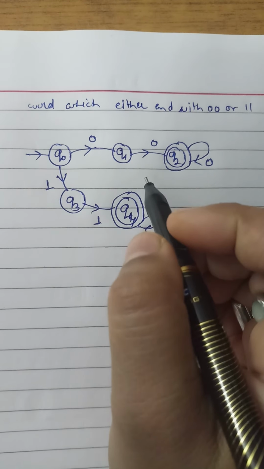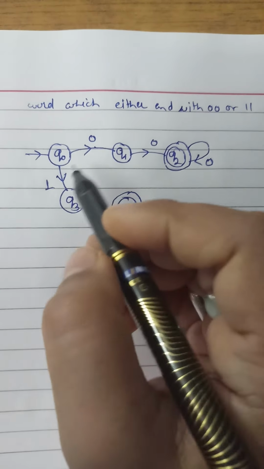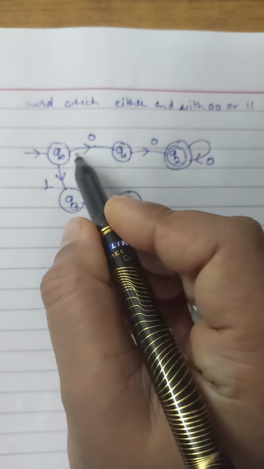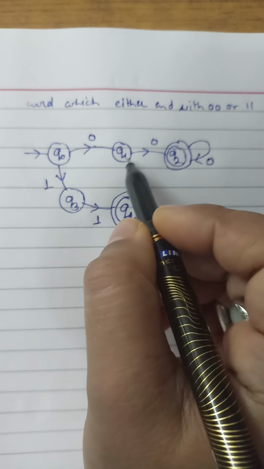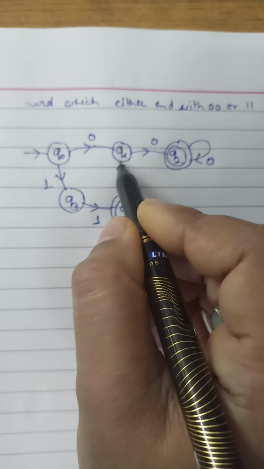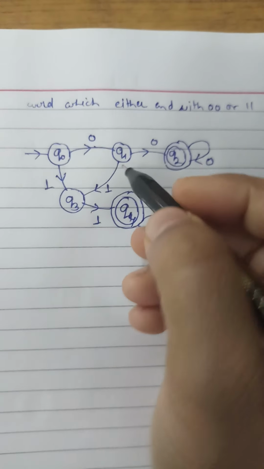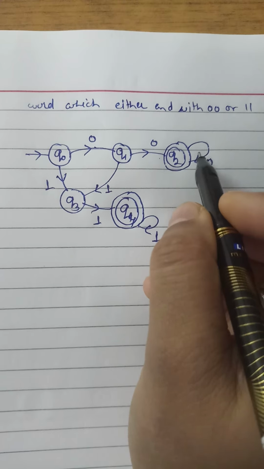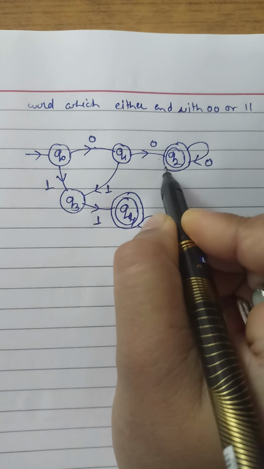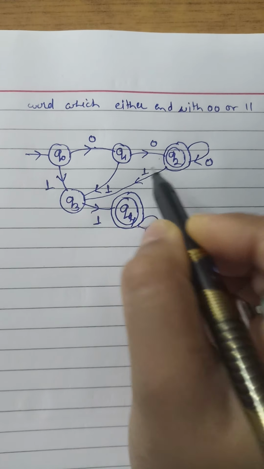Now we take care of the rest of the transitions. Alphabet is 0 1. So from Q0 one transition for 0, one transition for 1. For Q1 one transition for 0 and one transition for 1. For Q2 one transition for 0 and one transition for 1.